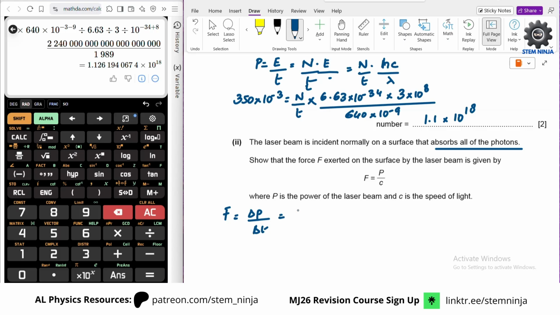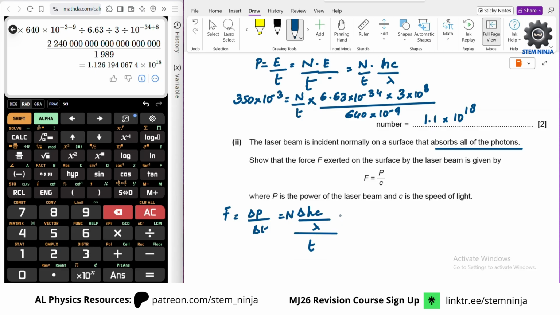And so the change in momentum is hc over lambda divided by time. Oh, sorry, no. It is absorbing all photons, so, sorry, n times that.